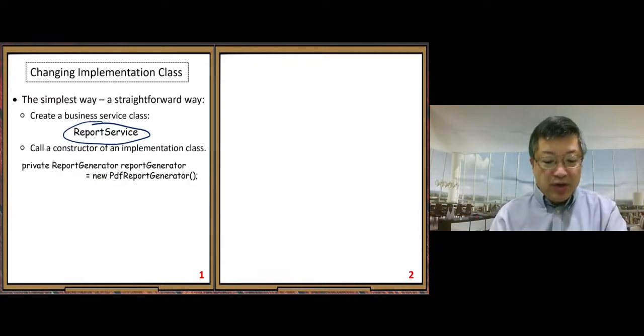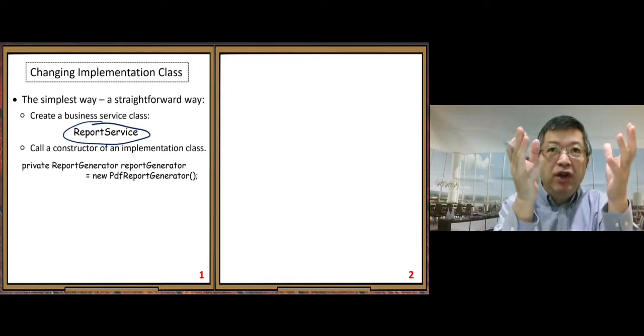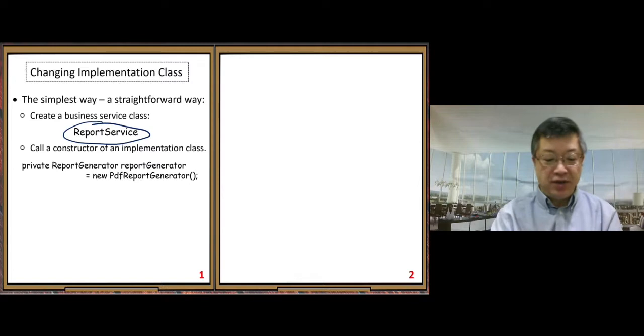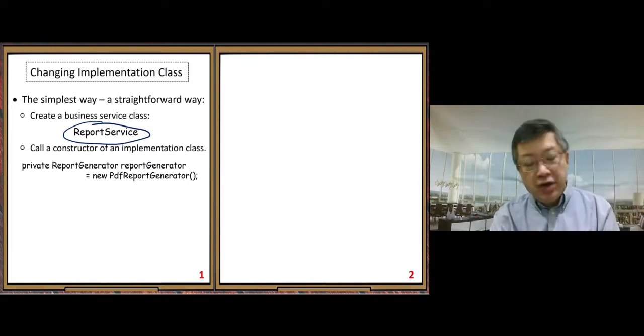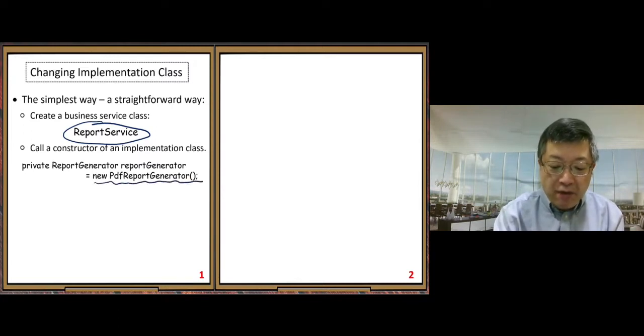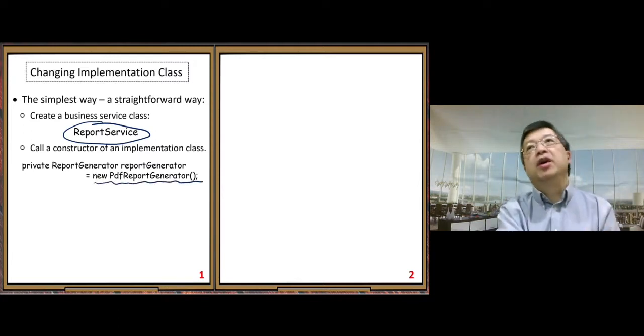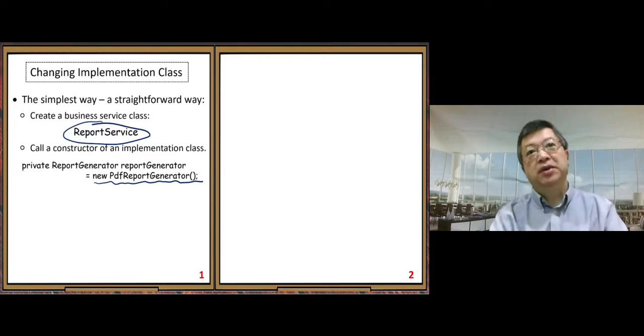Before we do our business, we need to create the specific implementation class. Here, suppose we want to generate PDF output, so we use the PDF implementation class. Very natural. You can see the class name here.